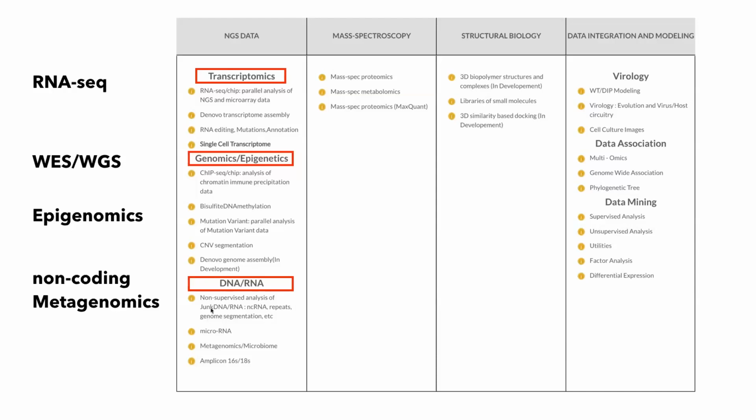For example, unsupervised analysis of non-coding RNA, repeats, genome segmentation, etc., microRNAs, and metagenomics, microbiome, and also amplicon 16S, which is also related to metagenomics. So today we want to talk about some of these methods in processing this kind of data.